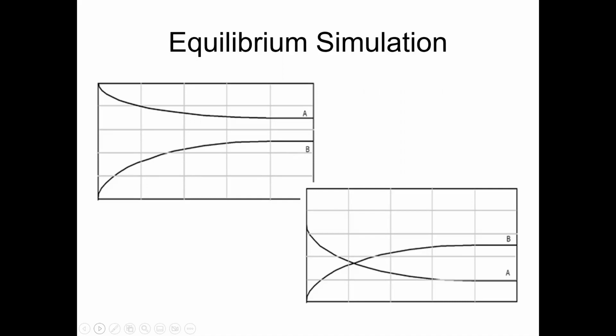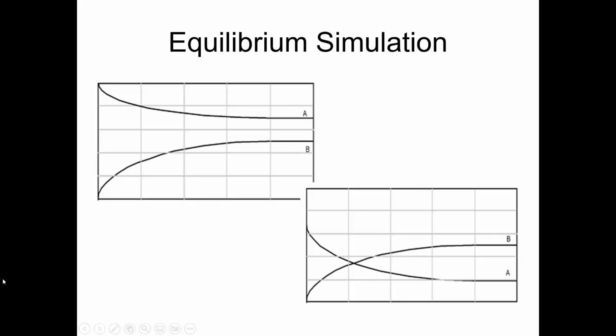Whenever they level off, that is when equilibrium has been reached. And it is possible that you will end up with either more reactants or more products at equilibrium, but you're still looking for when these have leveled off.